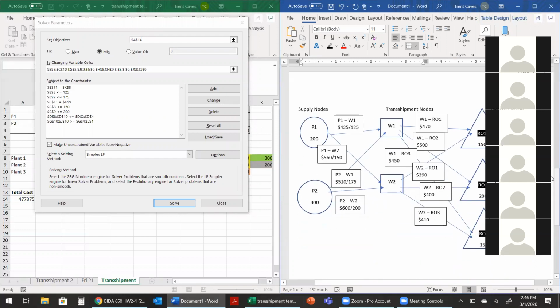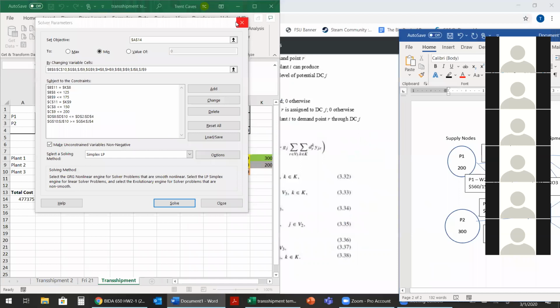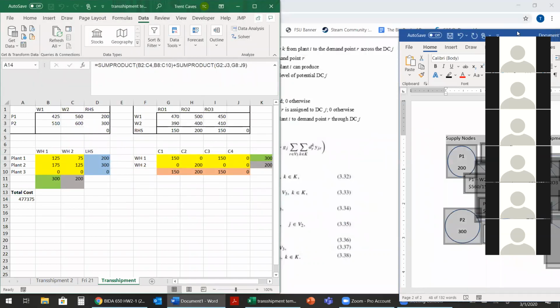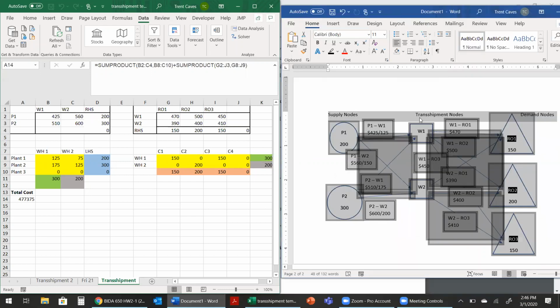The easiest way is to reuse, sorry, I'm having to move files around my desktop.